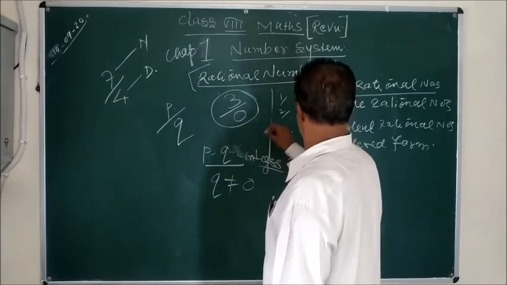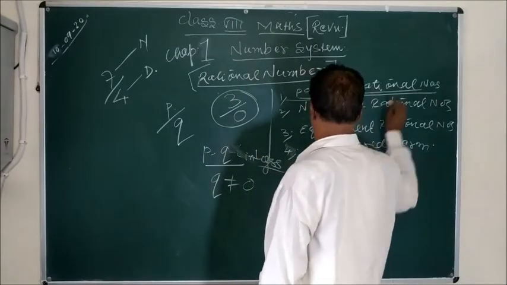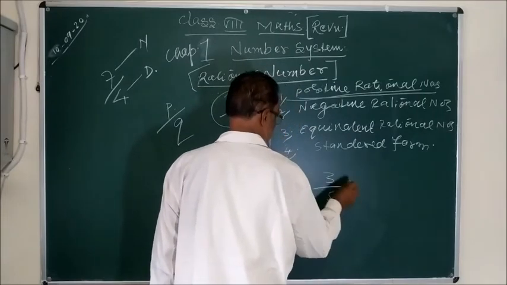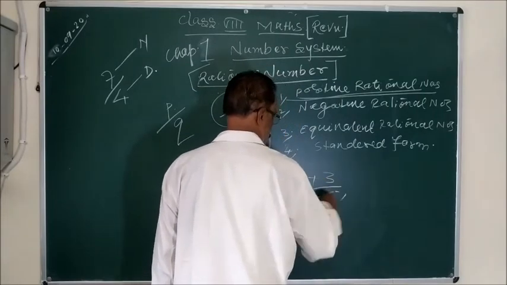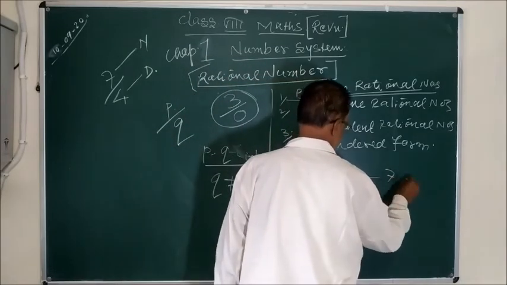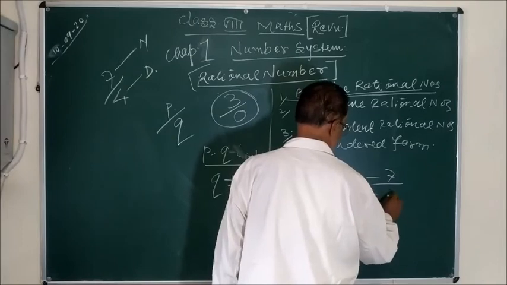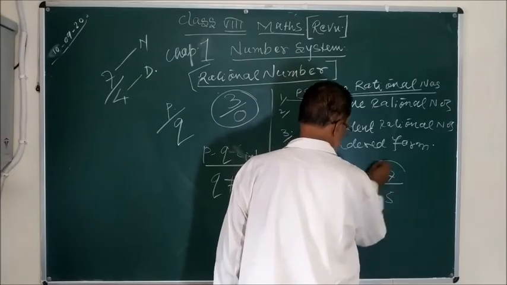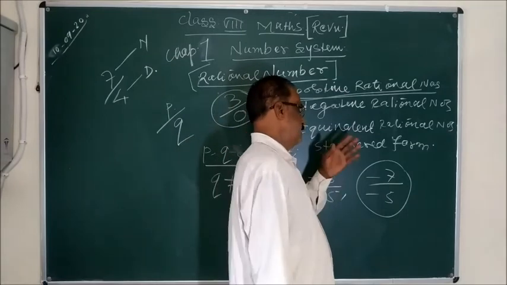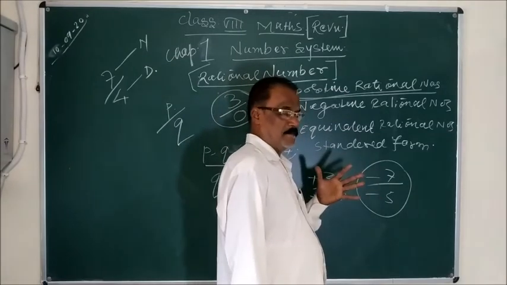So rational number, positive rational number क्या है? If both the numerator and denominator are plus, so this will be positive. And if both the numerator and denominator are negative, so this is also positive. बोले सर दोनों नेगेटिव है, negative, positive.